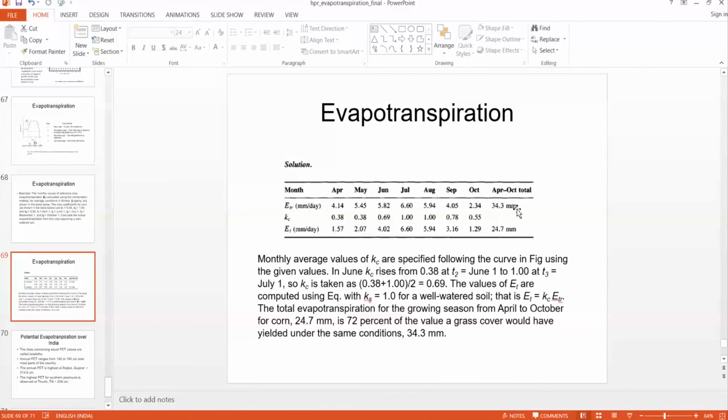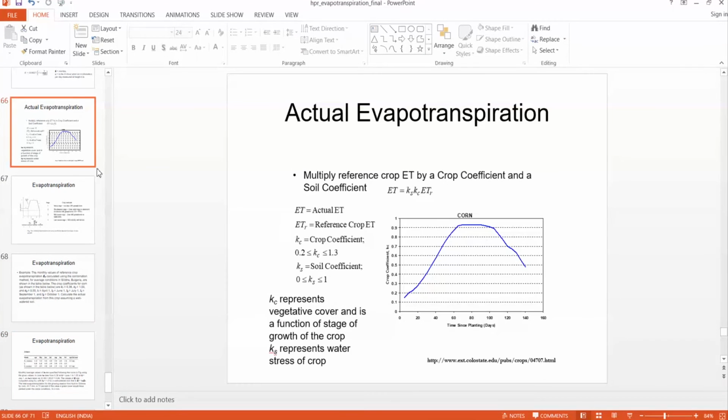So we have discussed the equation to calculate actual evapotranspiration, that is AET is equal to Ks Kc ETR. So we know what is Ks and Kc and ETR. So using this method, we can find AET for any crop.